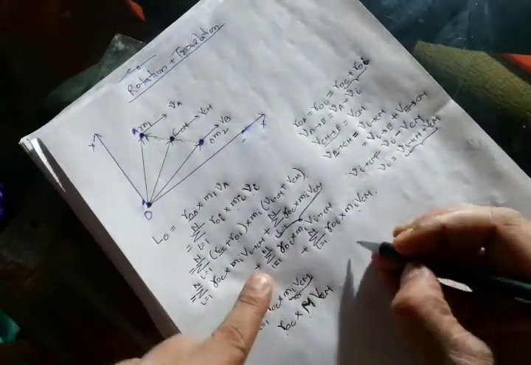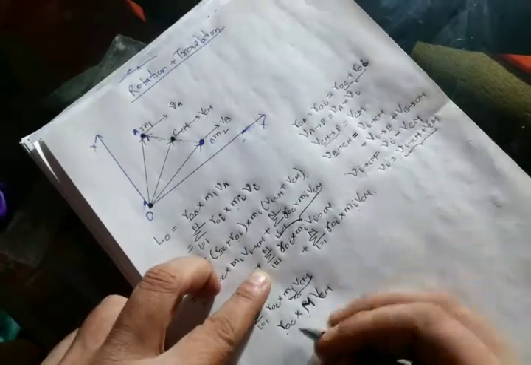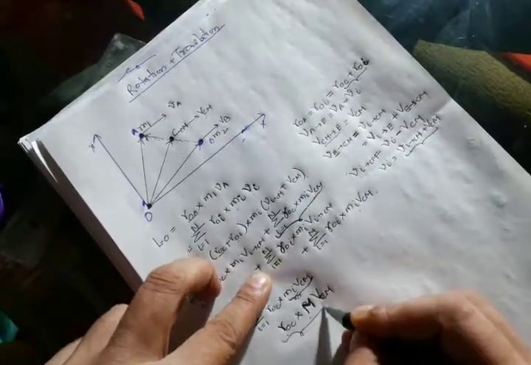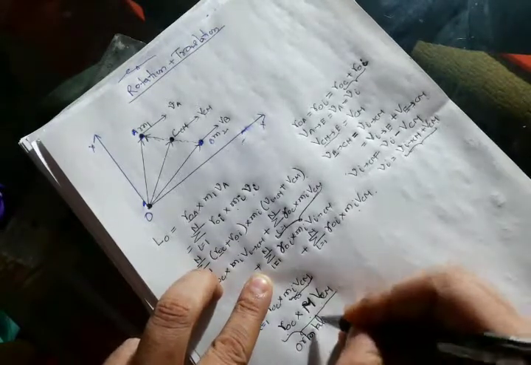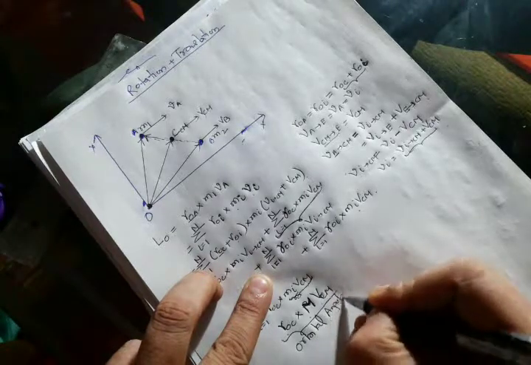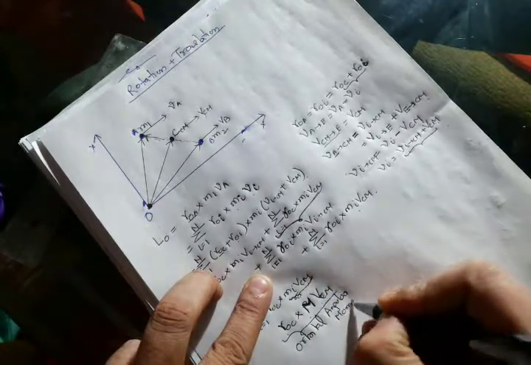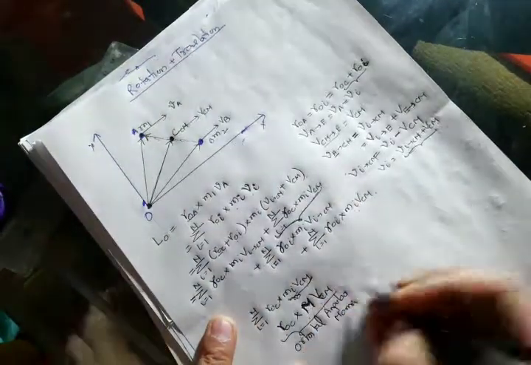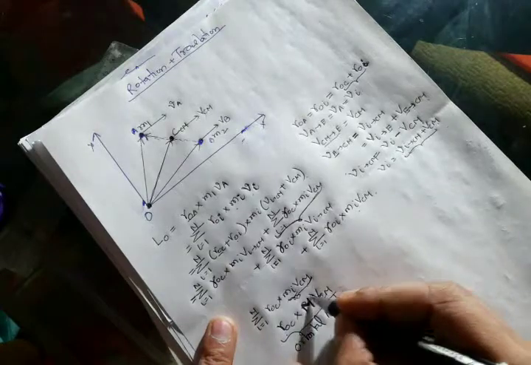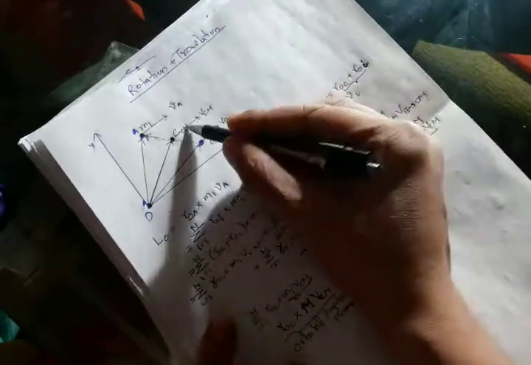Now I'm going to see the other part. This you can say is the orbital angular momentum, because this is ROC into M VCM, the angular momentum around the point O. VCM is the center of mass velocity.